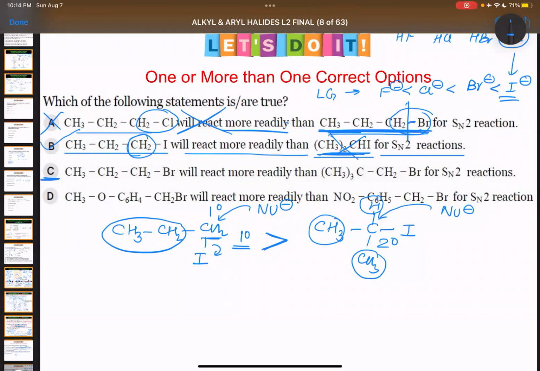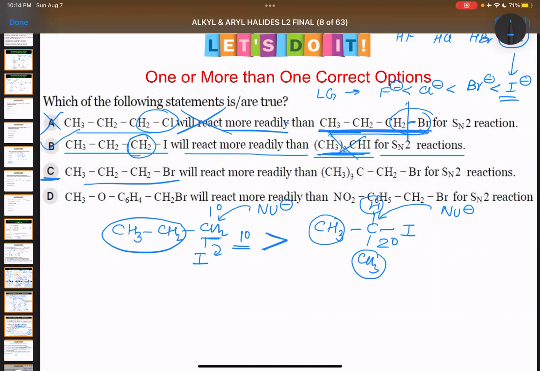What about this C option? Here the leaving group is the same, Br and Br. So this propyl bromide will react more readily than this one, neopentyl bromide, the common name.